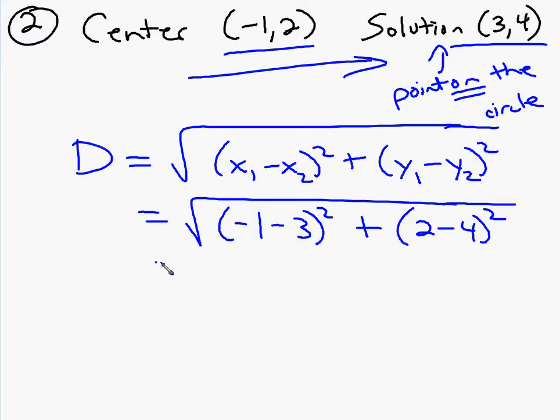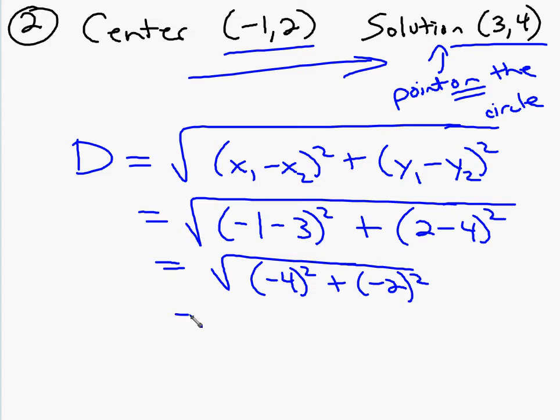I would show that step just so that we get the right answer. So now this is going to be the square root of negative 4 squared plus negative 2 squared. So that's going to be what? 16 plus 4, right? So this is going to be the square root of 20.